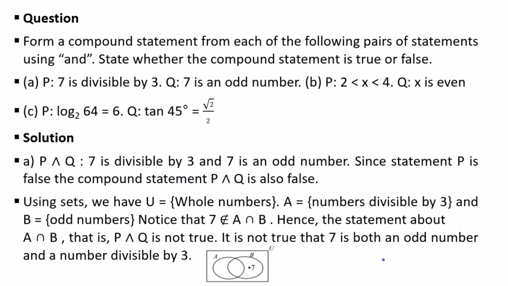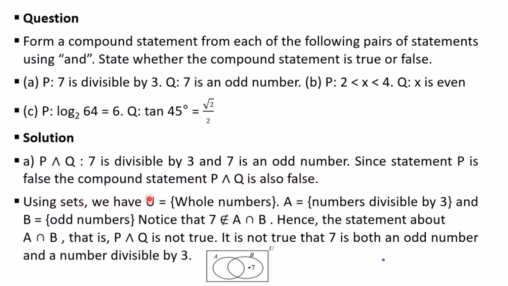P and Q become 7 is divisible by 3 and 7 is an odd number. Since statement P is false, 7 is not divisible by 3, the compound statement P and Q is also false.